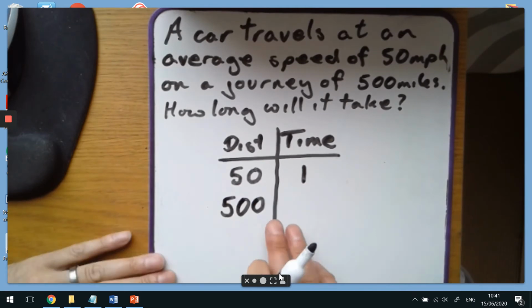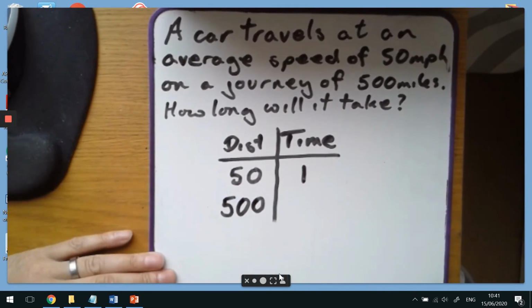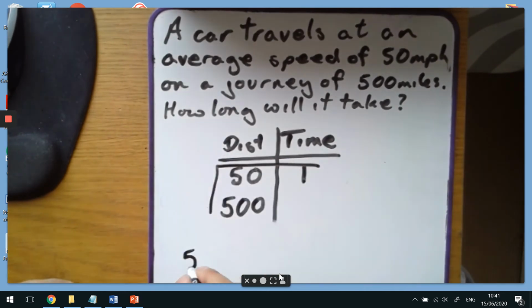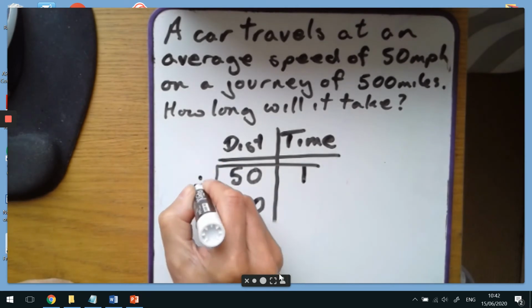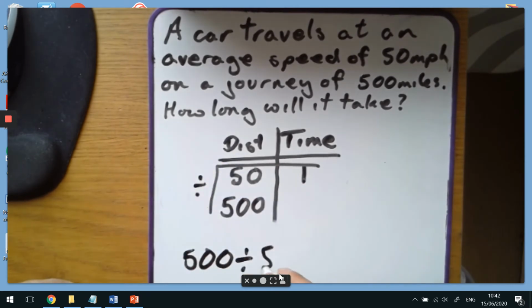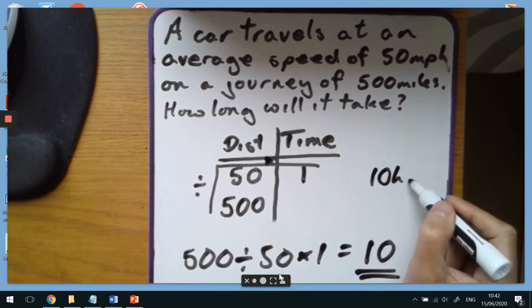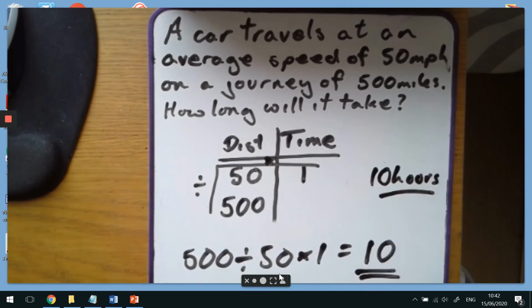Again, I might be able to see it or I can DM it. 500 divided by 50 times 1 equals, you can stick that in a calculator, but the answer is 10 hours. Okay, so it's all about getting it laid out correctly on the ratio table.